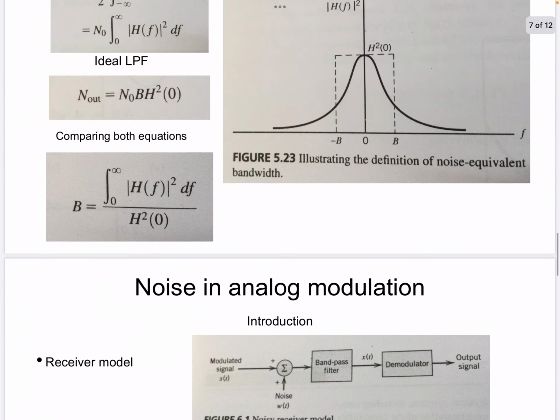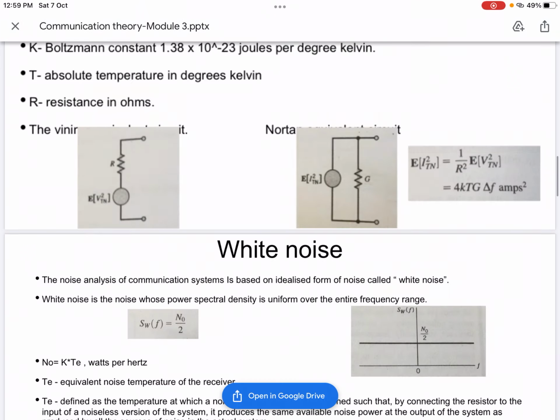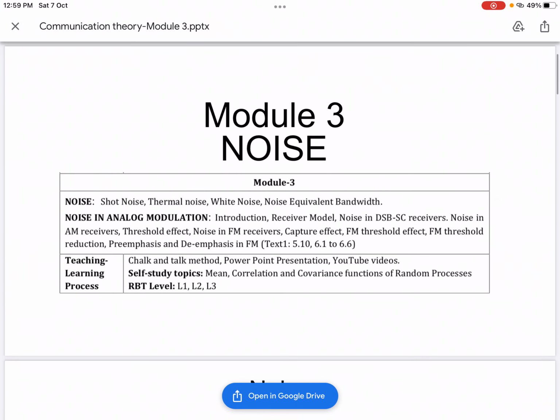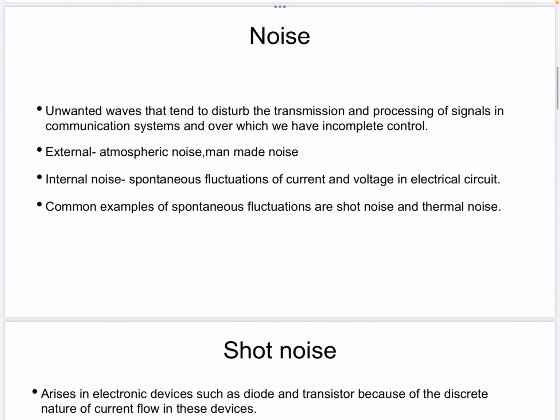Let me summarize what we have covered in today's lecture. We started with a basic introduction to noise. Noise is an unwanted quantity, unwanted waves over which we don't have any control, and depending on its characteristics we can have internal noise and external noise.